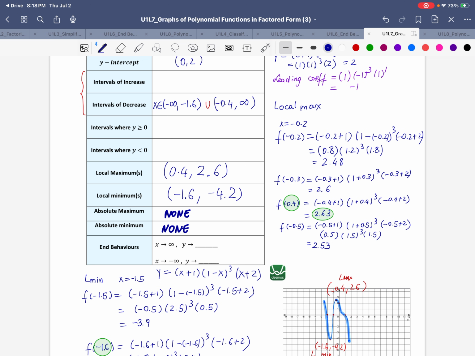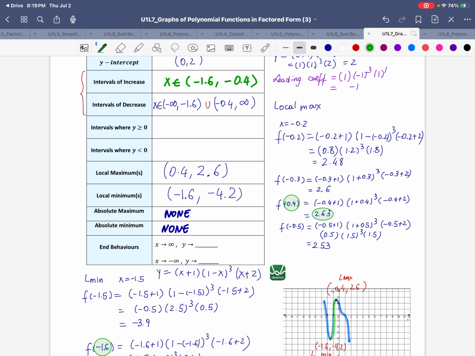Now the function is increasing only in this little section in here between the min and the max. So we'll say that the interval of increase is between negative 1.6 and negative 0.4.